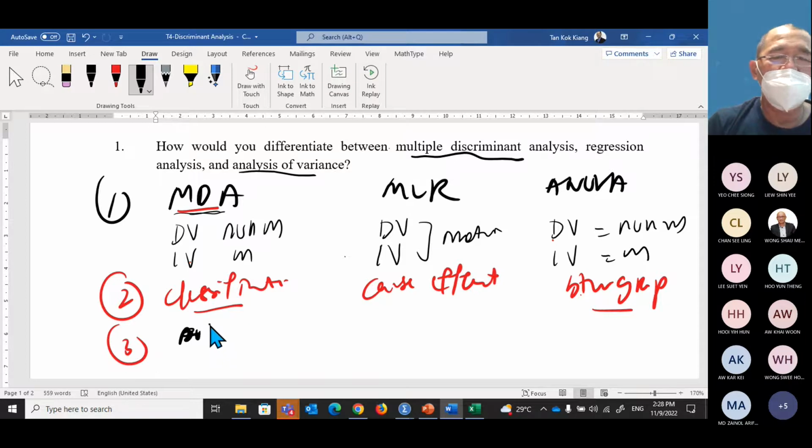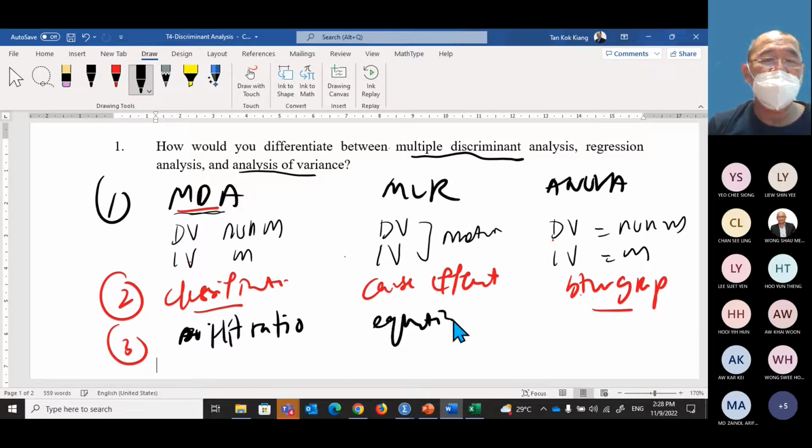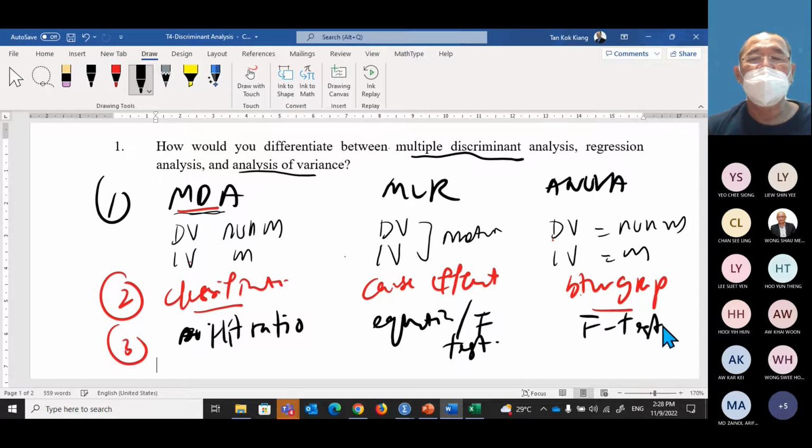For MDA, we focus on the overall model and the hit ratio. For regression, we want the equation and also the F test statistic, the Fisher test.